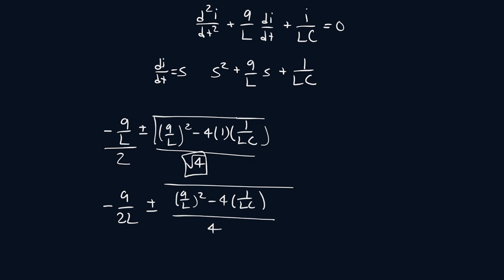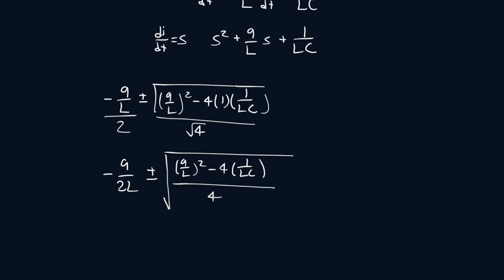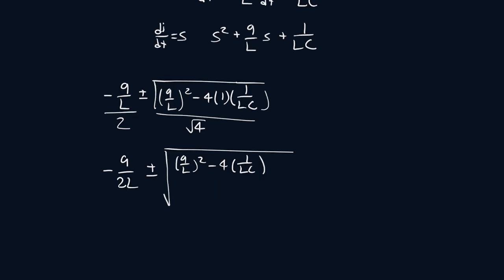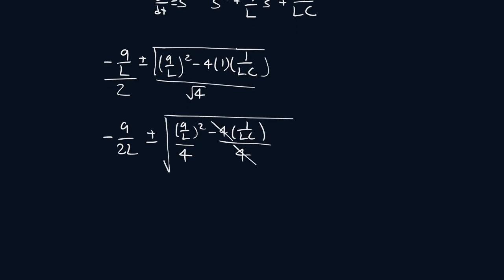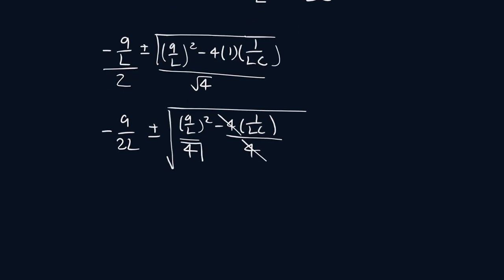Okay? This is the same thing as this, like that. So we could just have a square root represent the whole thing. Now we can break this up. And this cancels out. And if we take the square root of this, we can put that into here.